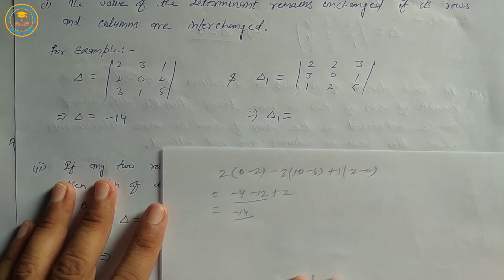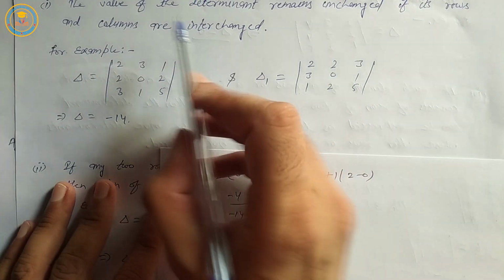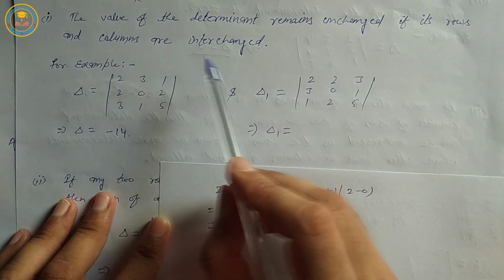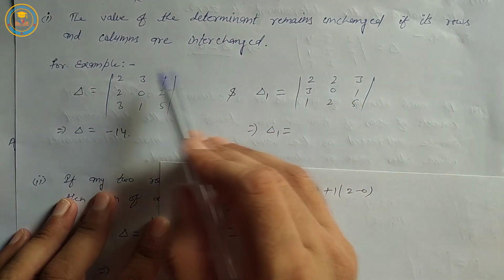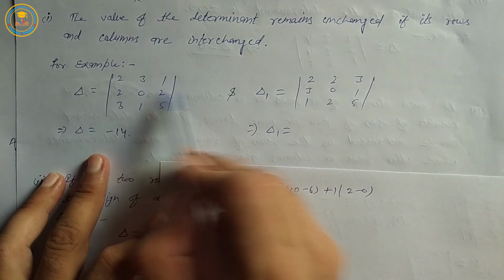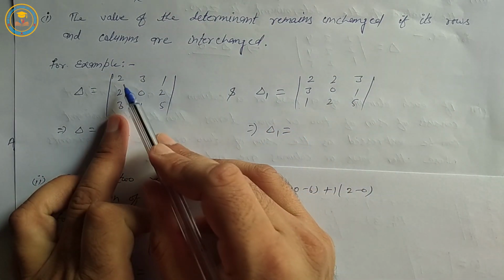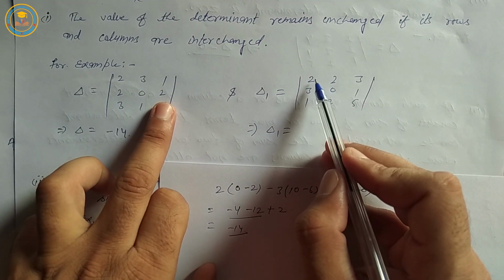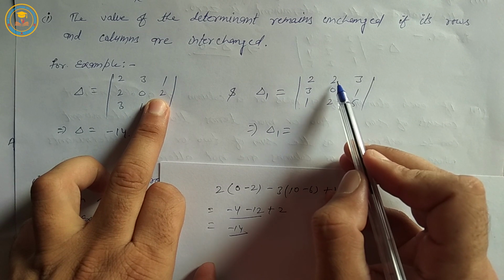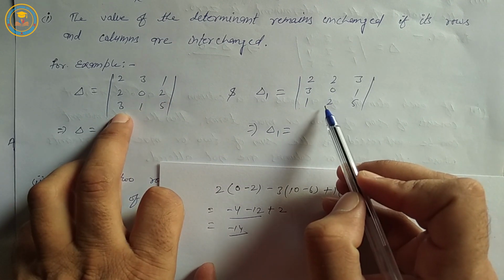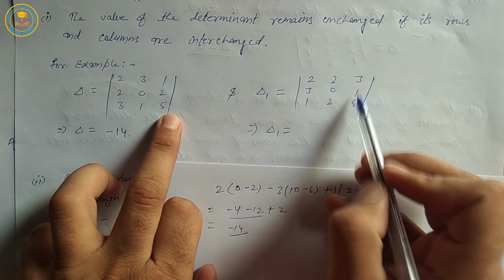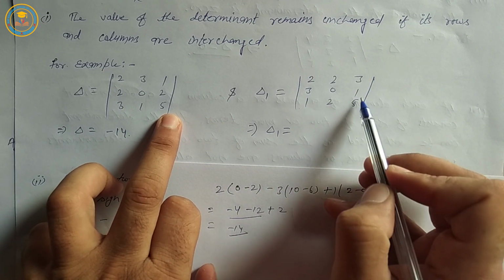Okay, according to the first property, the rows and columns are interchanged. Row 2 3 1 becomes column 2 3 1, row 2 0 2 becomes column 2 0 2, row 3 1 5 becomes column 3 1 5.